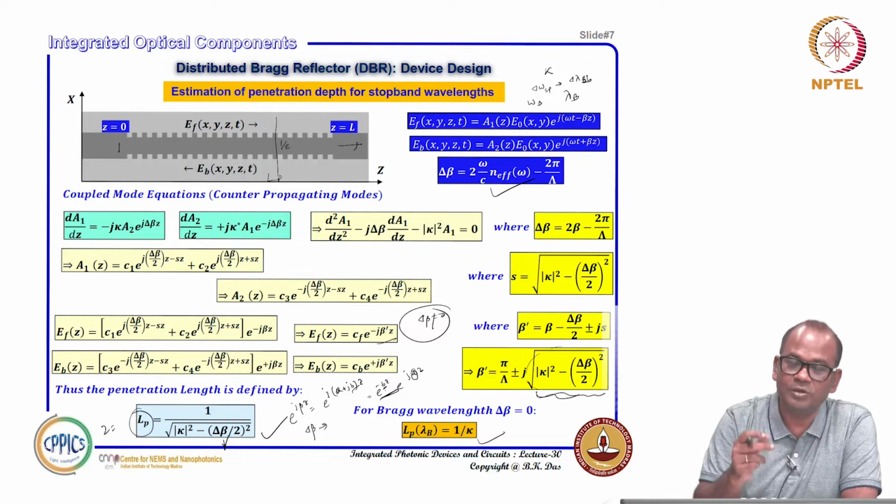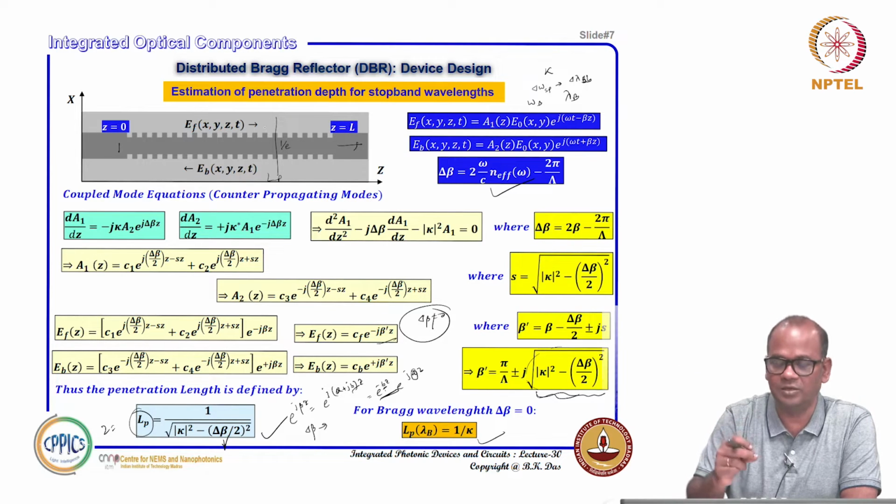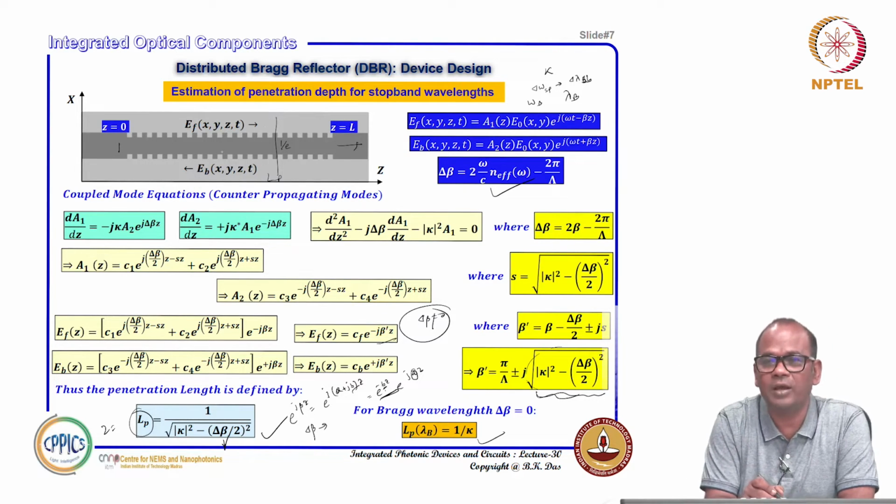Here also that is happening in a crystal because you have a periodic atomic structure, and that periodic potential created by the nucleus of the atoms is reproduced analogously in a waveguide structure with a periodic perturbation.